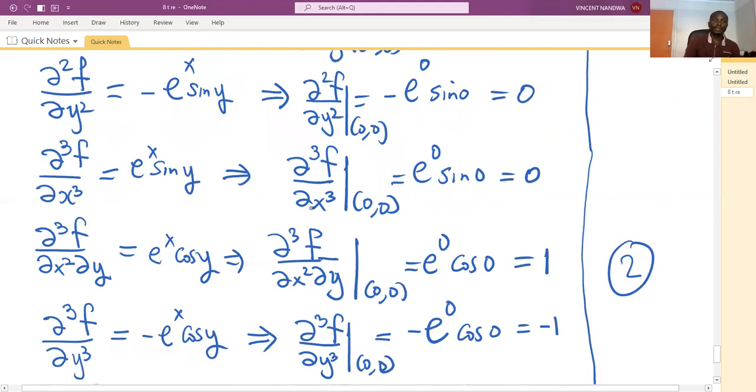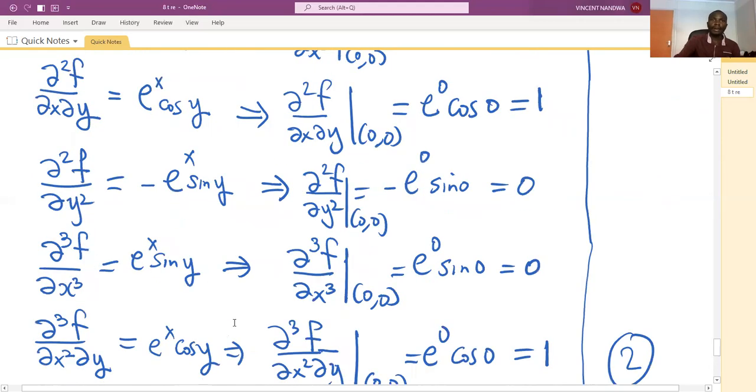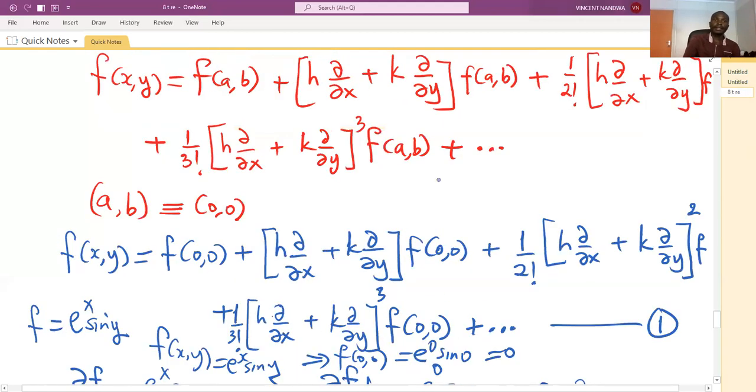So we'll have 0 plus, remember a equals 0 implies that x minus a, which is h, will be x equals h. And similarly, y equals k for the case when b equals 0.